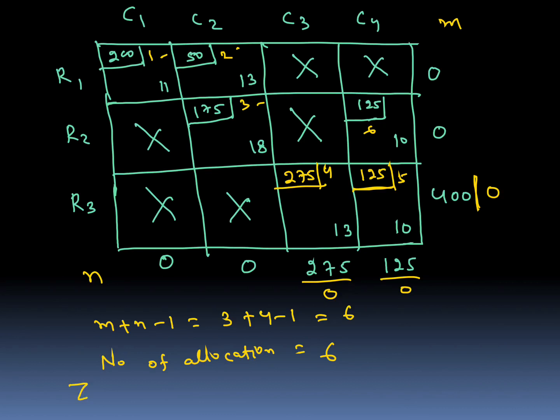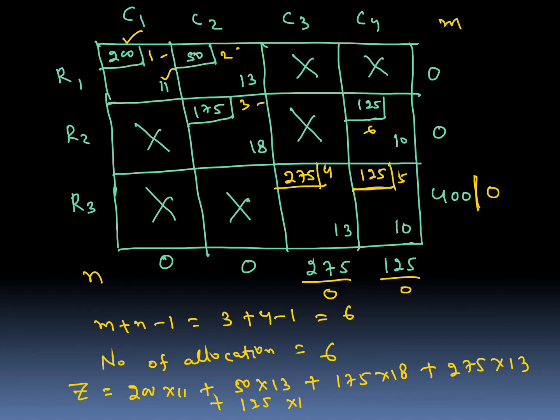Z is 200 into 11, plus 50 into 13, plus 175 into 18, plus 275 into 13, plus 125 into 10, plus 125 into 5.